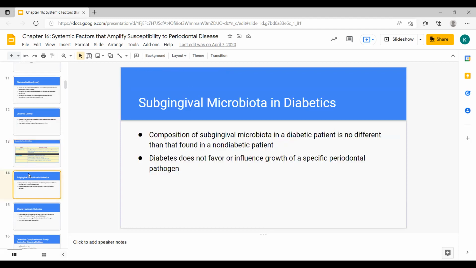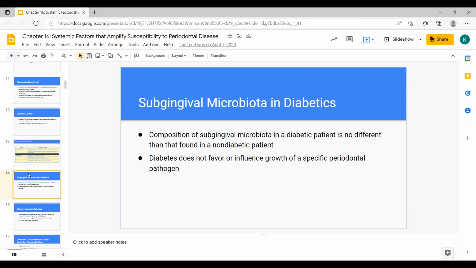Okay, subgingival microbiota in diabetics. The composition of subgingival microbiota in a diabetic patient is no different than found in a non-diabetic patient. Diabetes does not favor or influence growth of a specific periodontal pathogen. Meaning, just because you have diabetes doesn't mean you have more Actinomyces or Tannerella forsythia.